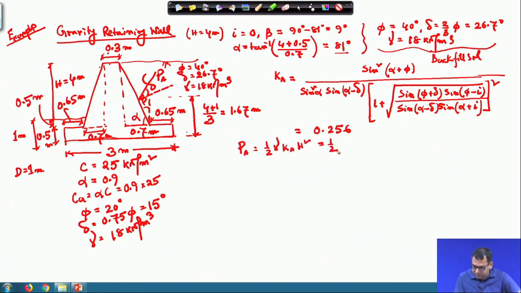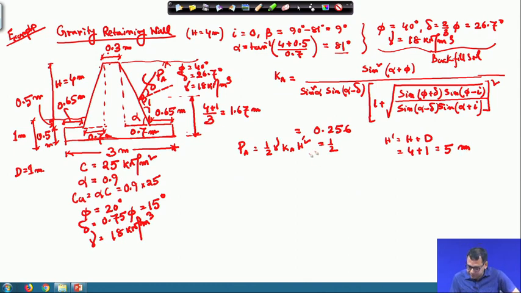But here it is h dash, because your h is 4 meter and now I am taking from the base of the wall to the top. So, your h dash is h plus d, and this will be 4 plus 1, 5 meter.